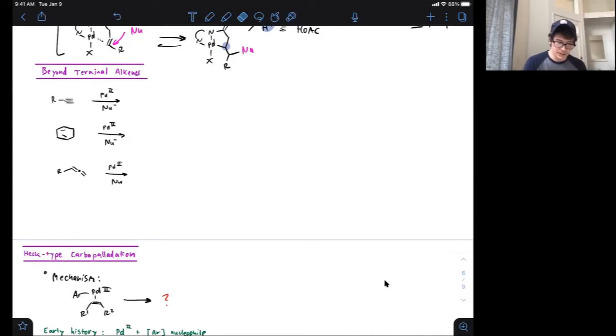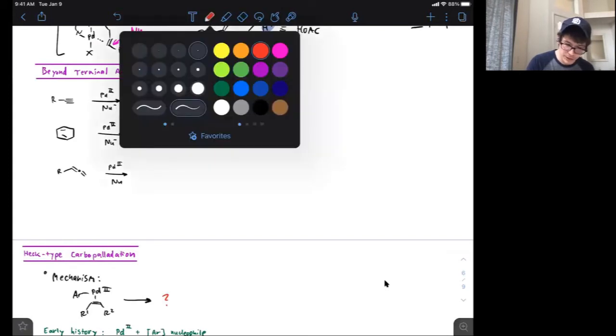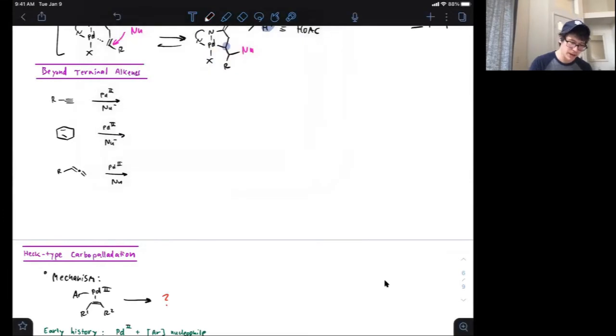So this bit of notes really will serve as a primer, or a natural introduction to what we'll talk about for most of today, which are allylic substitution reactions.